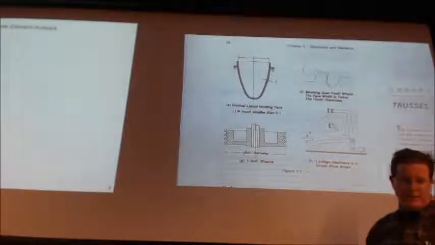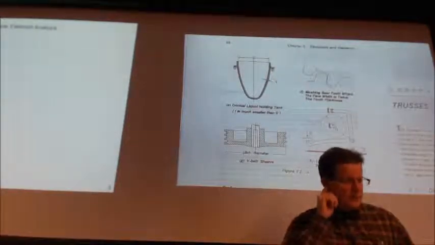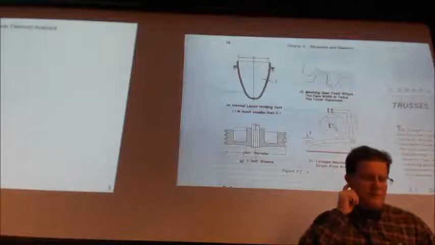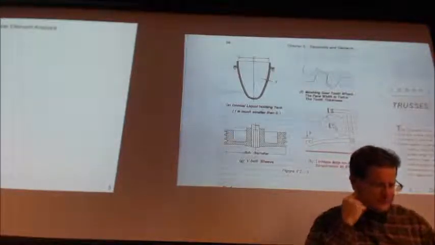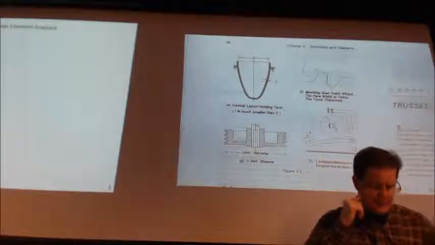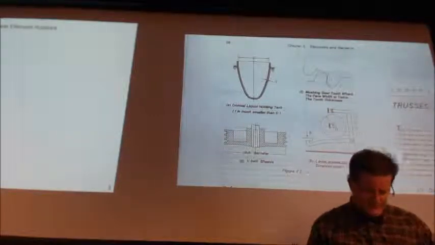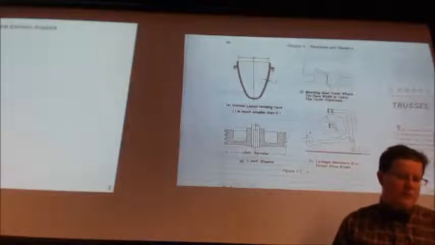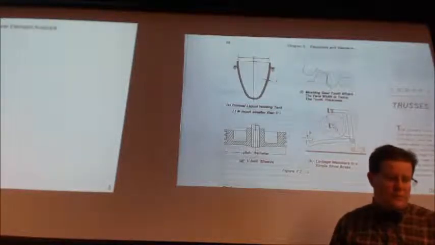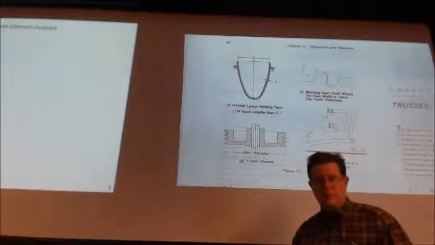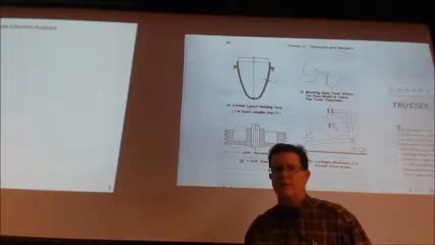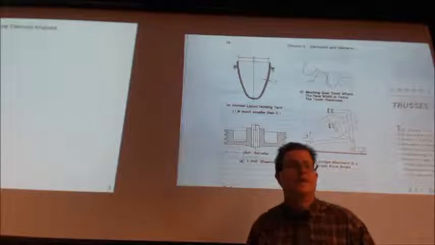So we have a holding tank. That one should be pretty straightforward, right? Shell. Shell, yeah. And let's see, gear teeth. Probably a couple different ways to do that, huh?